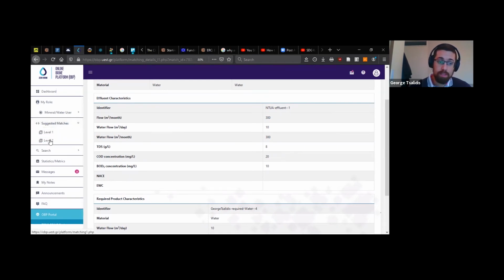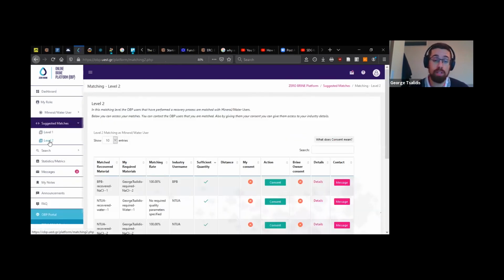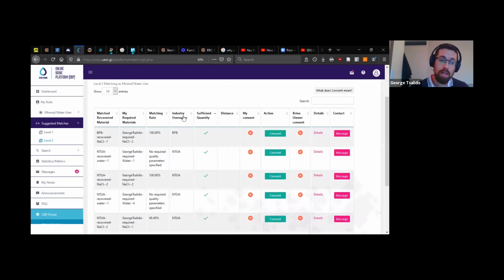This is a level 1 match. For level 2, next to the quantity and kind of material allocation, I'm going to add the quality of materials, so I'm going to have different, probably fewer, matches.